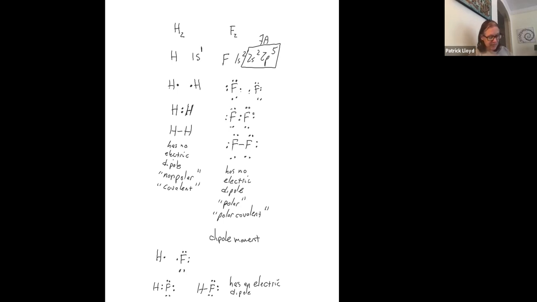And it turns out the direction is toward the fluorine. The negative end is toward the fluorine, so that's your head. The tail is over here, toward the hydrogen. So if I rotate that molecule, the electric dipole will rotate as well. So HF has an electric dipole, even though it is a neutral molecule.